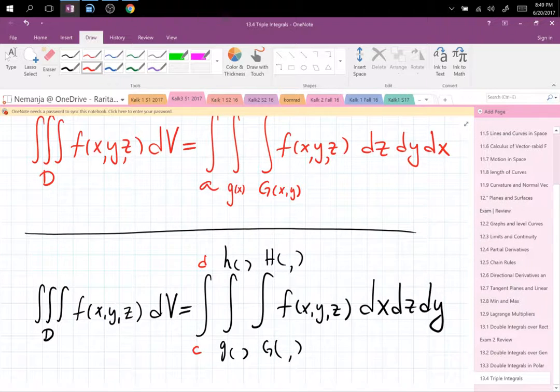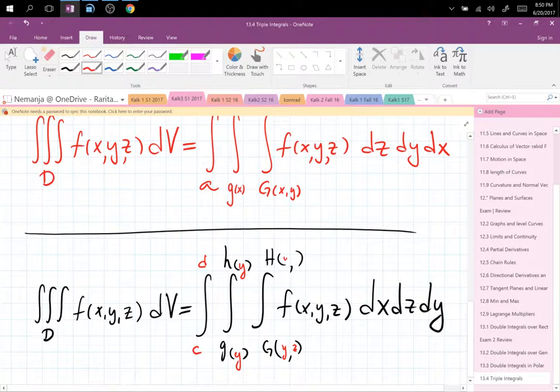Now, the middle integral belongs to dz, and when we are integrating dz, the only available variable that is yet to be integrated afterwards will be y, so these must be y's. And then when I'm at the most inner integral, I am integrating out x's, so these are y's and z's.